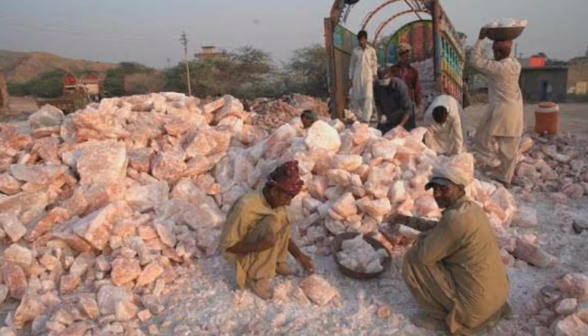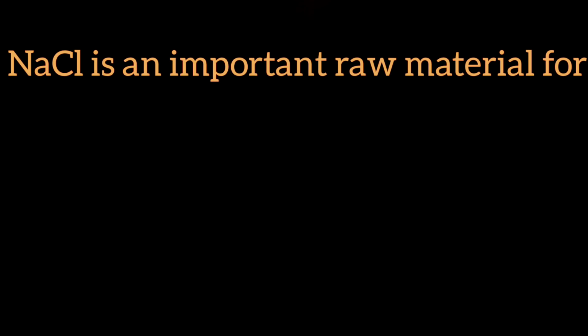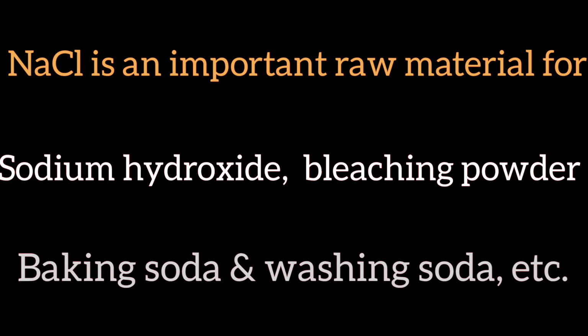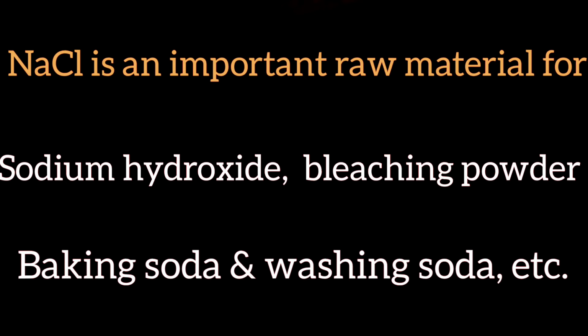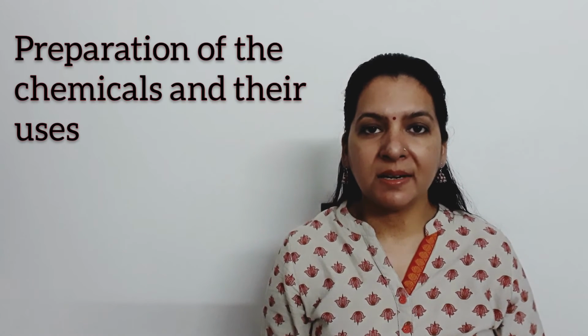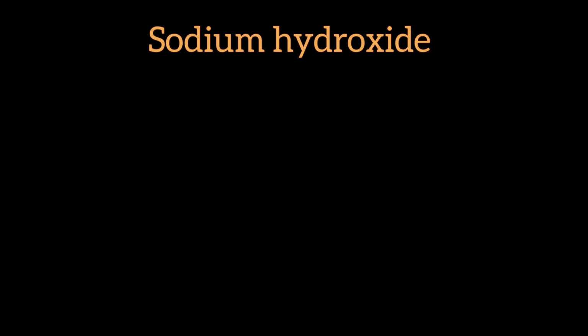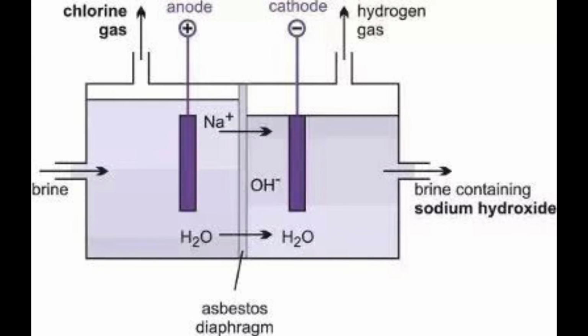Sodium chloride, that is common salt, is an important raw material for many useful chemicals like sodium hydroxide, bleaching powder, baking soda, and washing soda, etc. Let's see how these chemicals are prepared and what are their uses one by one. First is sodium hydroxide. An aqueous solution of sodium chloride is prepared.